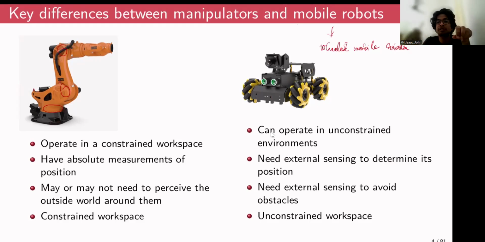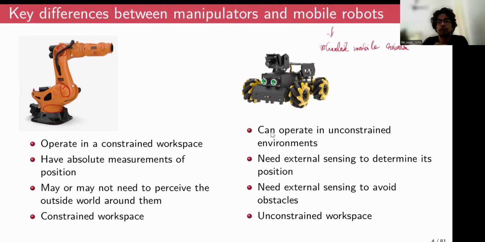If there are obstacles within the workspace which it has to avoid, the motion of those obstacles, or how these obstacles are placed, is very well defined. In the case of an industrial robot, the obstacles are most probably going to be static. Their positions and trajectories are always going to be well defined at all times.